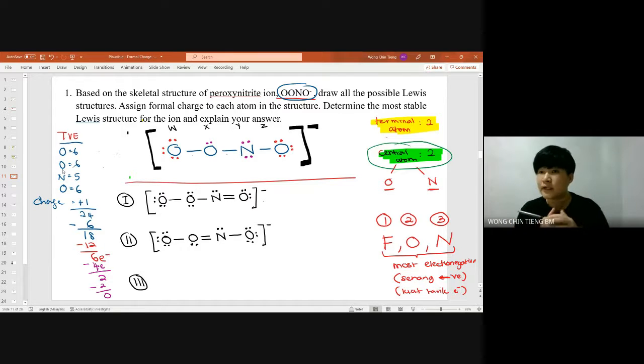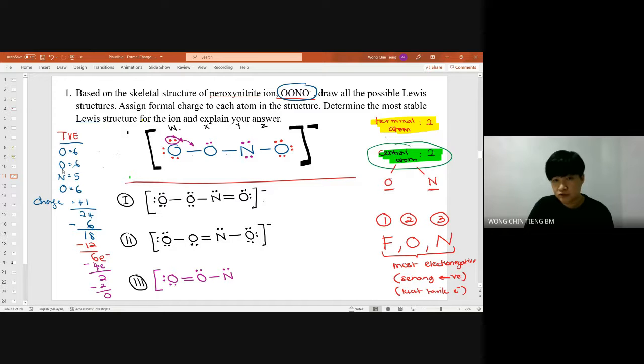Semua orang tetap boleh capai oktet dengan apa yang Fadnin buat tadi, is the double bond form over W and X, which means I take this lone pair from oxygen, I form a double bond over here. In the other words, my third structure that is possible shall look something like this. And when I draw already, okay, look at my drawing. My first question to you, is everybody still octet?